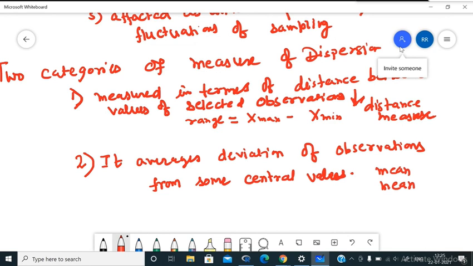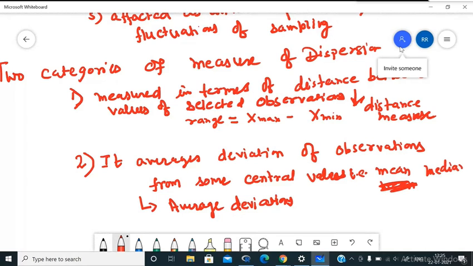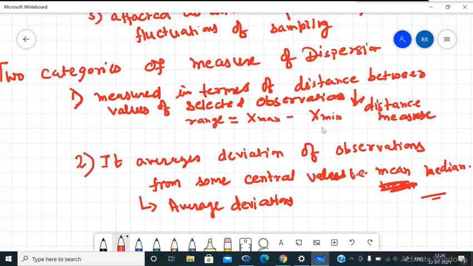So it averages, and this is known as average deviation, from the mean, median or any point. Okay, so these are two categories of dispersion.